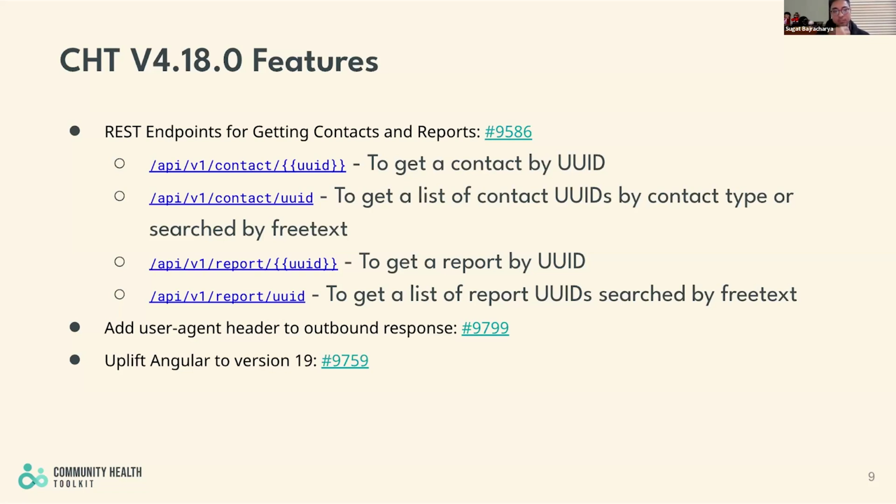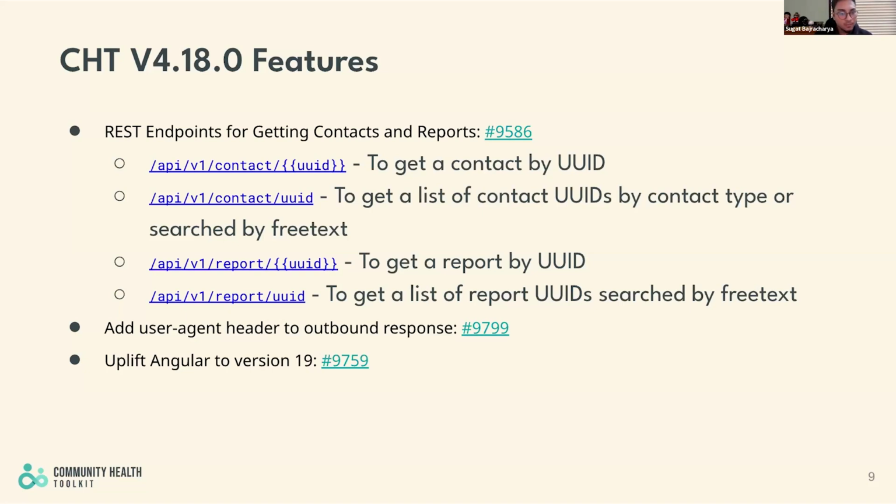And the other feature that was shipped is the addition of user agent header to the outbound response by our API. This feature adds the operating system and the platform in which the REST API is being hosted to the requester.